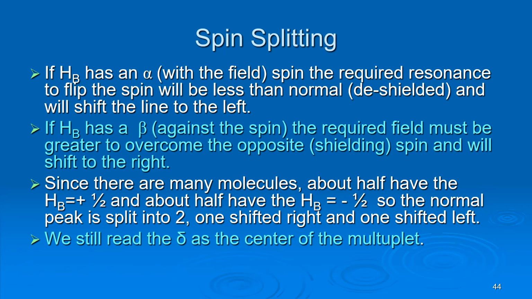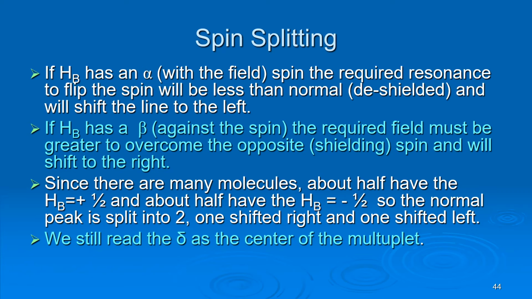If HB has the beta spin, which is against the magnetic field, the required field will have to be overcome to the opposite. And so that's shielding. So the hydrogen is shielding the hydrogen A, and so the spin will shift to the right.